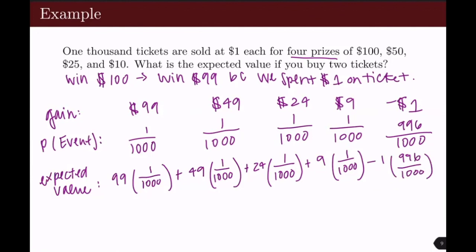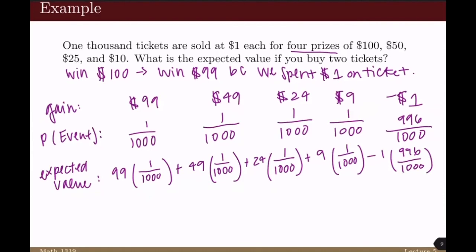Since our expected value formula tells us we need to do the value multiplied by the probability of the event. And then we add them all up. So the expected value is going to equal negative 0.815.